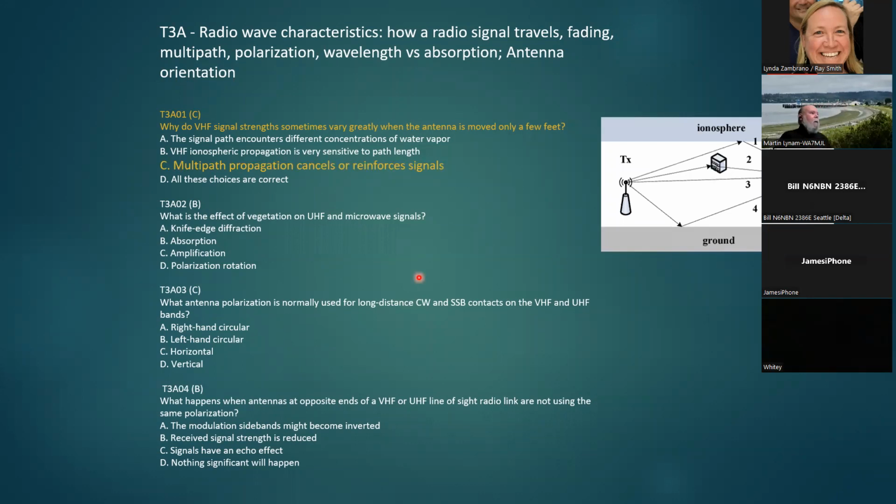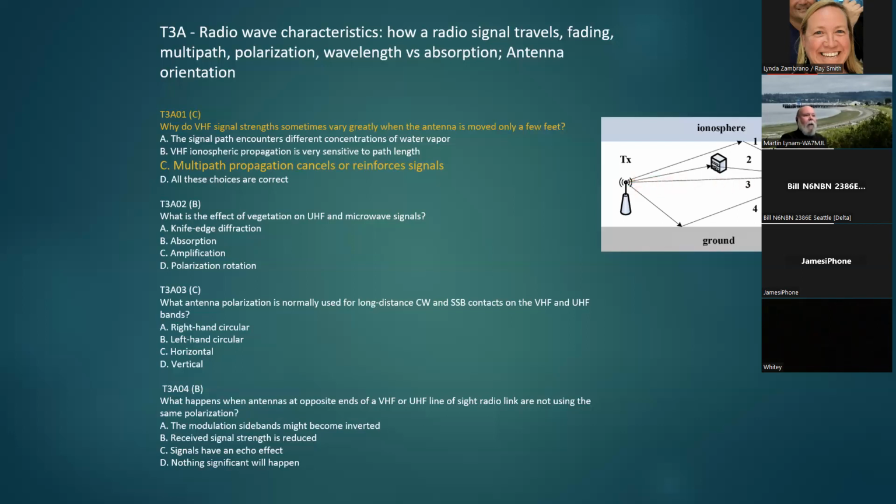Okay. Anyway, the answer to that question is that multipath propagation cancels or reinforces signals. Over here, we have a little picture that illustrates how multipath works. From a transmitting antenna to a receiving antenna, there are oftentimes several paths that radio waves can travel, and they can travel at the same time.